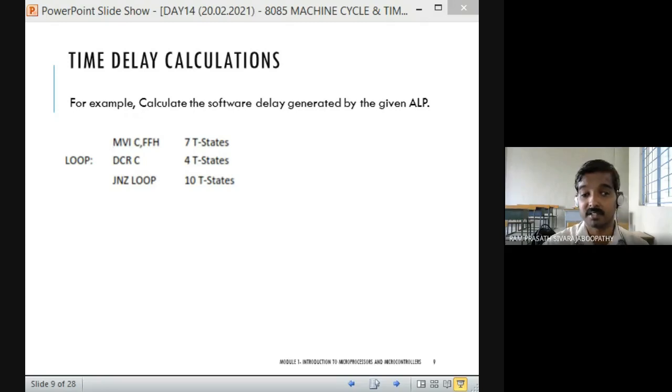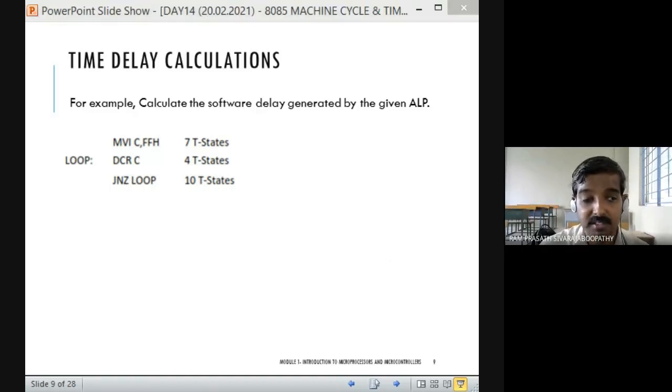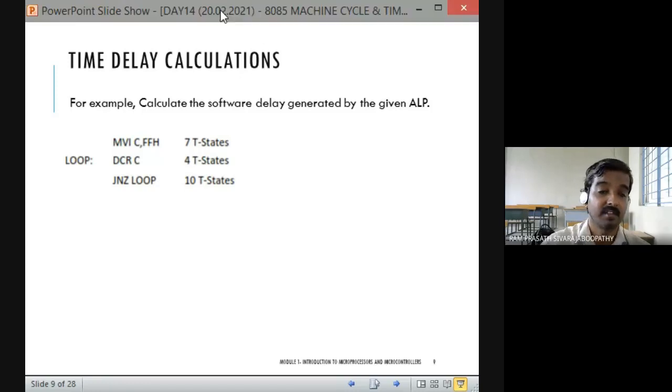Yes, it is conditional. Very good, Shivakumar. What is the condition here? If the count is non-zero. We decrement the count from the value FF, and only if it is not zero after the decrement does it jump. What happens when it becomes 0? It will come out of this loop. Is it clear? It is conditional. Okay, fine.